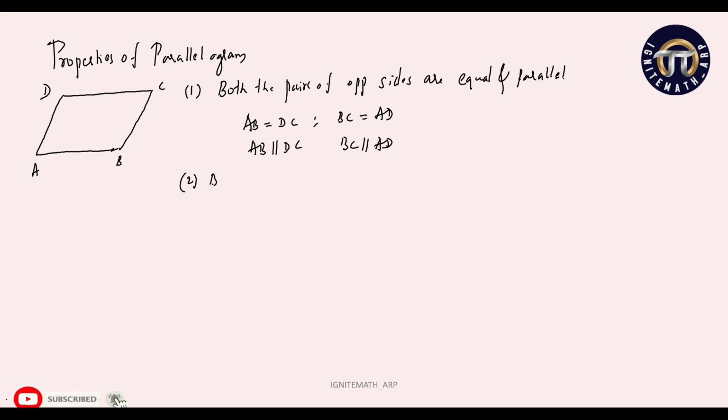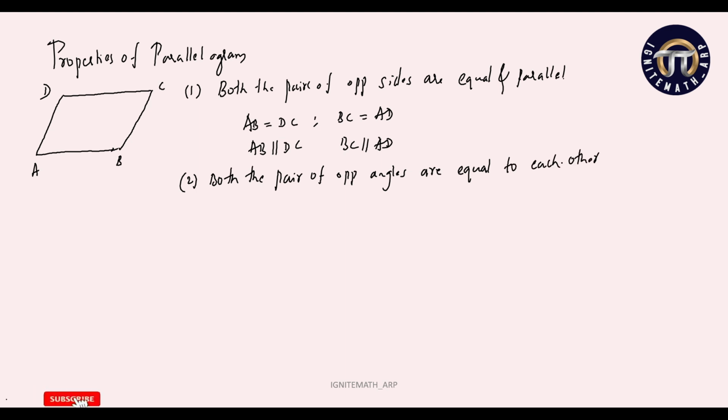And the second property is: both pairs of opposite angles are equal to each other. Opposite angles, in the sense, what, children? Angle A is equal to angle C, angle B is equal to angle D. Clear?